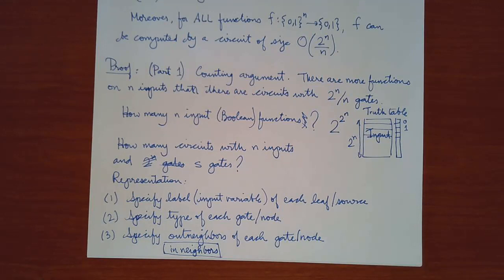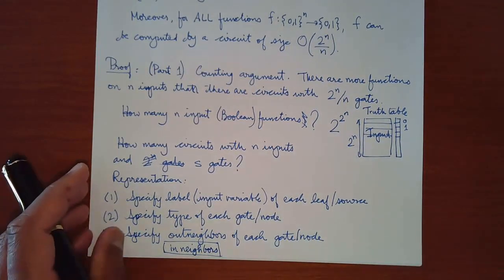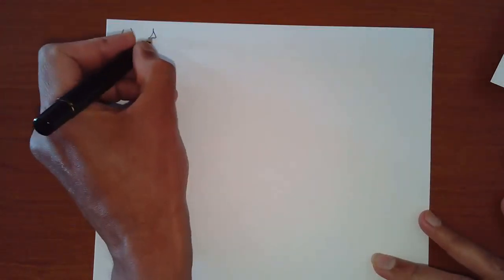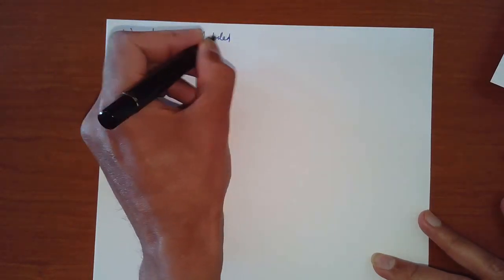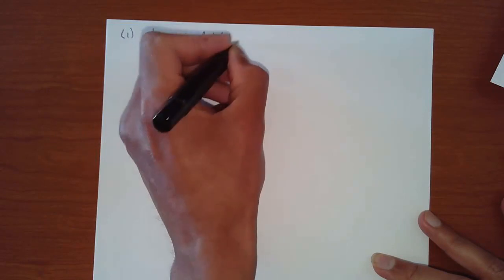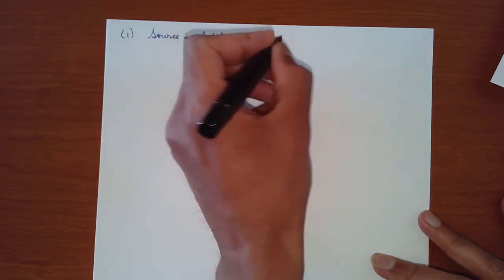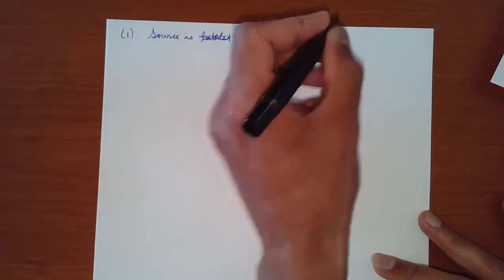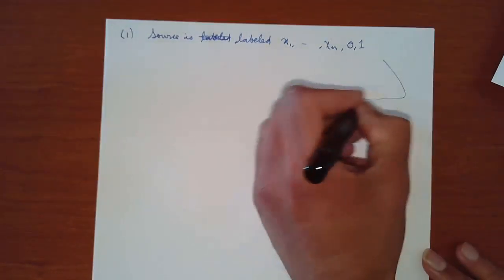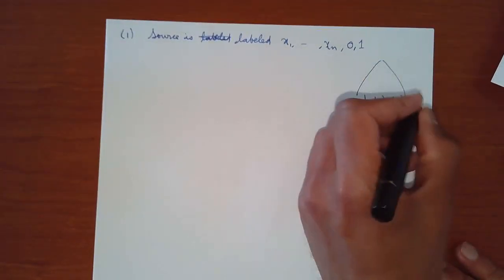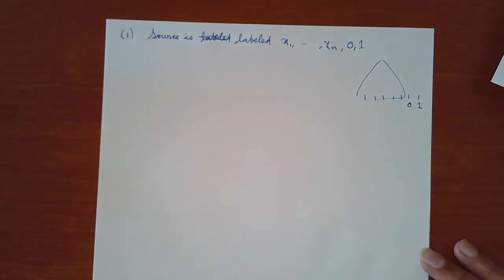Right? Okay, so let's break each of these up one by one. So a source is labeled x1 up to xn. It could also be labeled 0 or 1. Let's just assume that we have these extra in our circuit, since we may want to hard code something as a 0 or a 1.